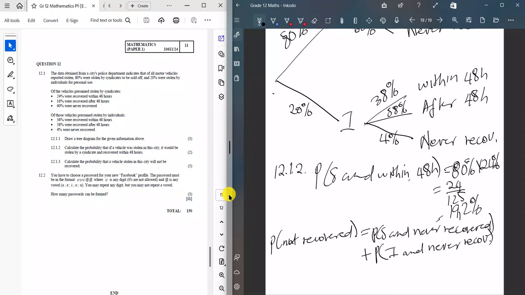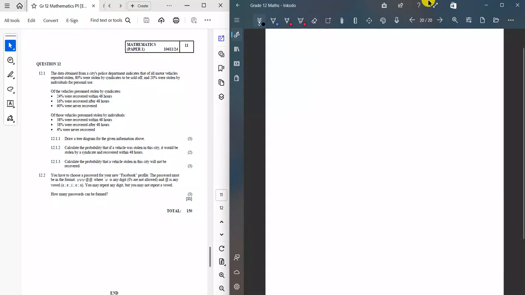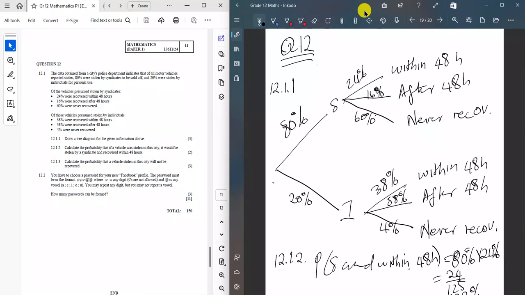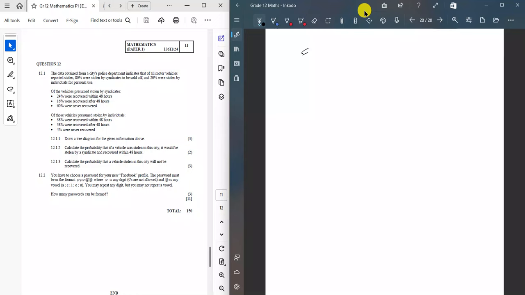So what is this? Maybe I can go to the next page. So this is the probability of stolen by syndicate, which is 80%, times never recovered, which is 60%, plus stolen by individuals for personal use, which is 20%. I remember that never recovered for this was 4%.